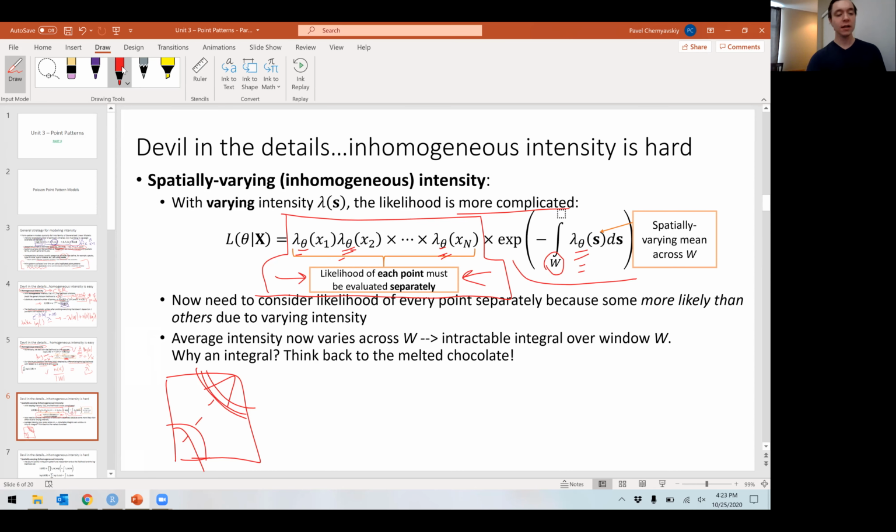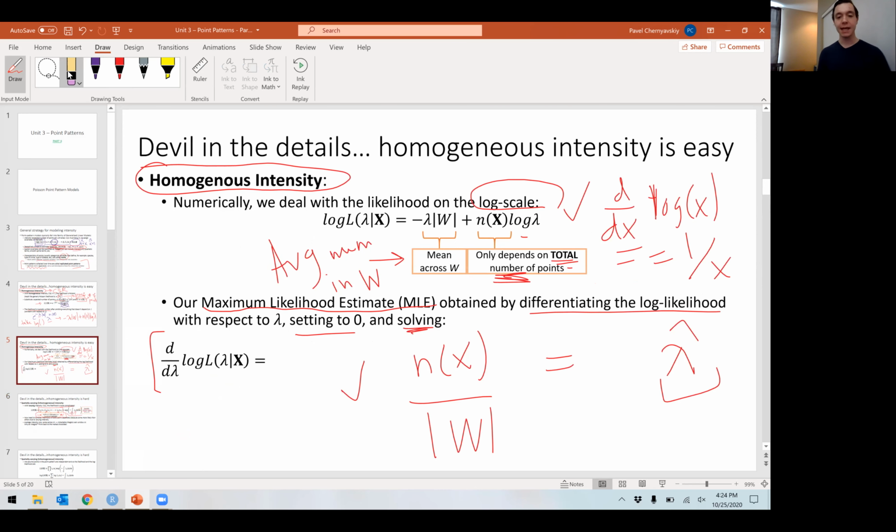Why? Well, this is a spatially varying mean, and that takes some effort to compute. The reason why it didn't take us effort to compute a mean here is because it wasn't varying in space. So you didn't have to keep track of the fact that your average number of points in the bottom left was not the same as the average number of points in the bottom right.